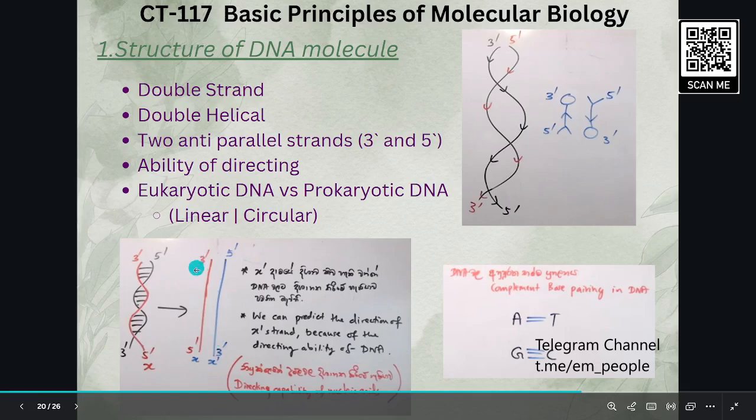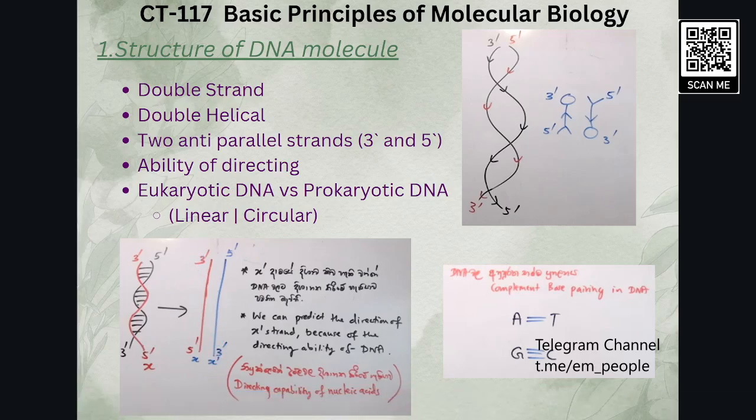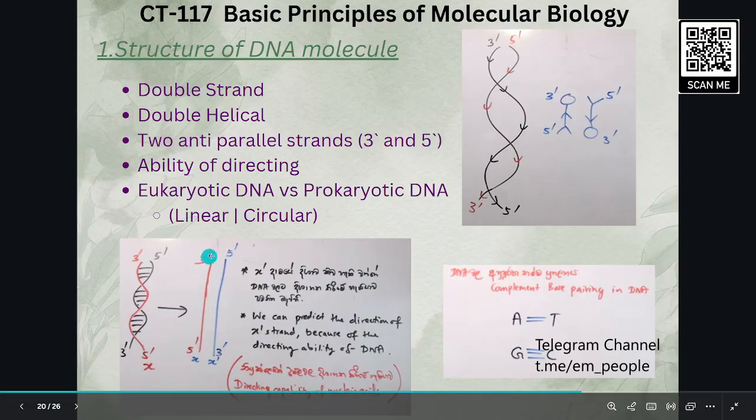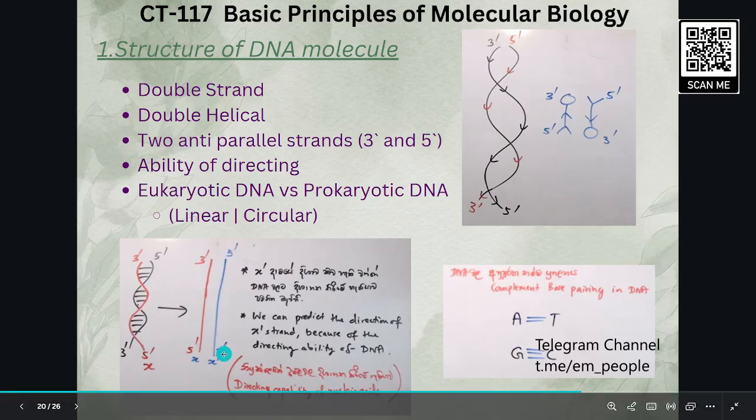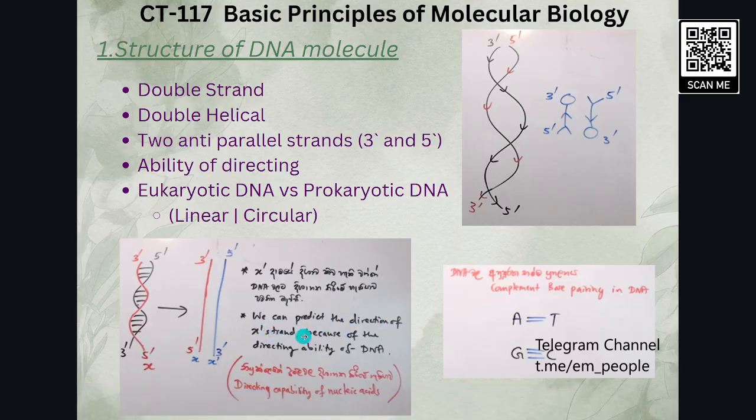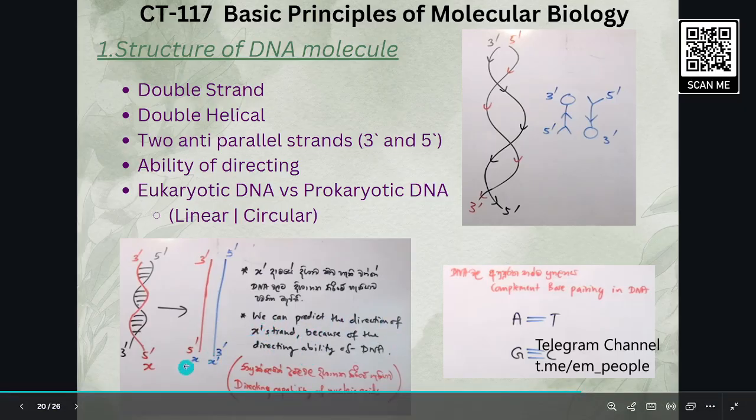If you know the direction of the X strand is from 3' to 5', you definitely know the other one must have the arrangement running from 5' to 3', and you can decide it without looking at it, right? That we call the ability of directing. We can predict the direction of the X dash strand because of the directing ability of DNA. If somebody gives you X, you can find X dash without even looking at it. That is the ability of directing.